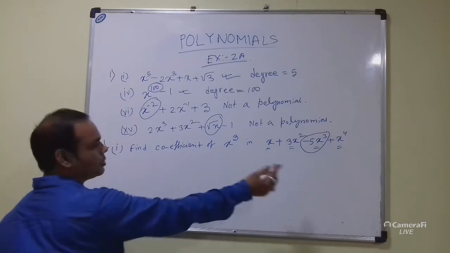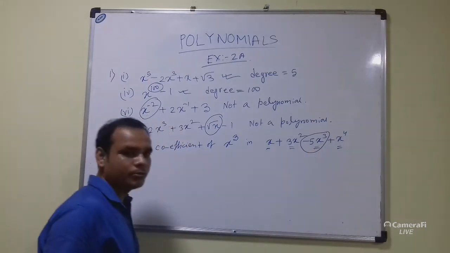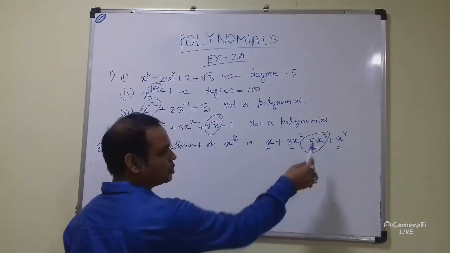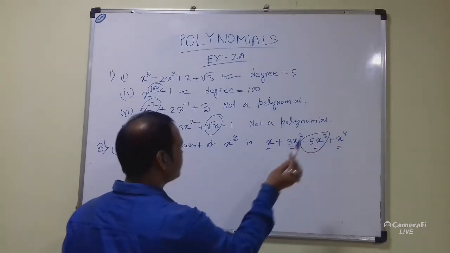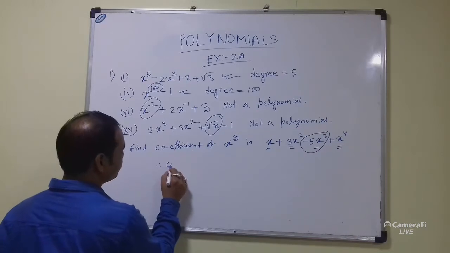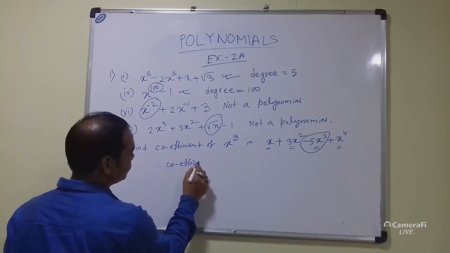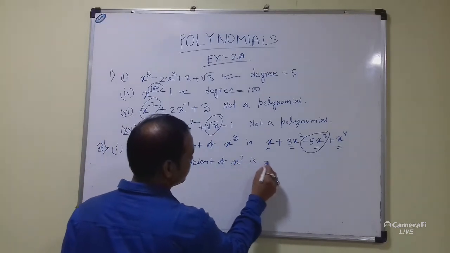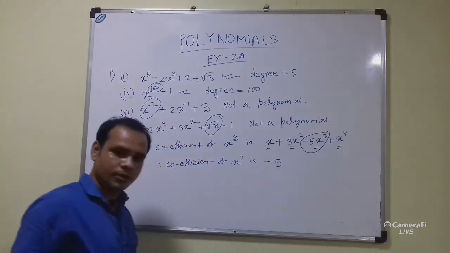So the coefficient of x cube is minus 5, because the term related to x cube is minus 5x cube. Understood?